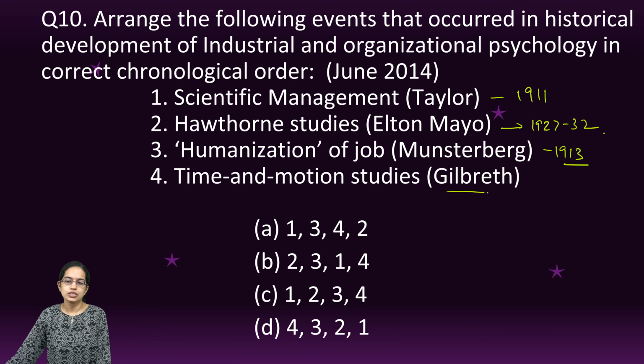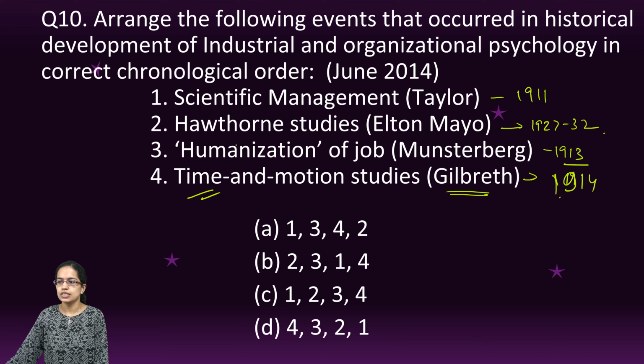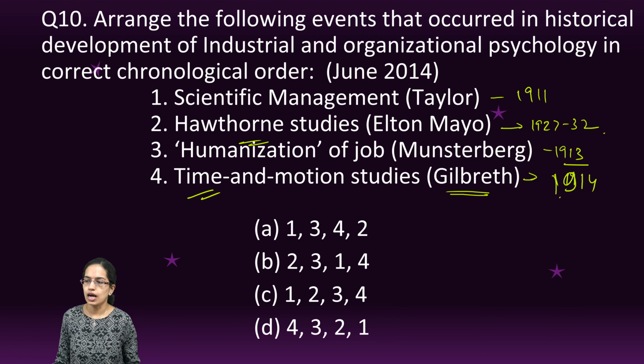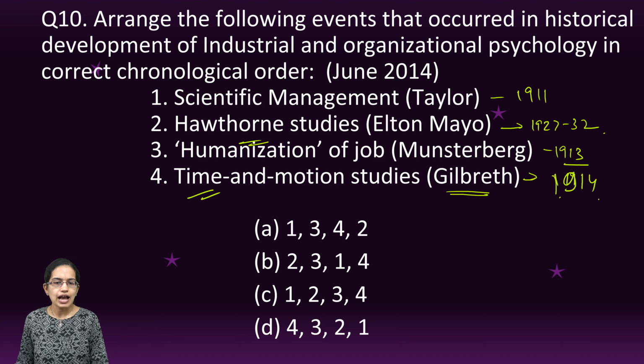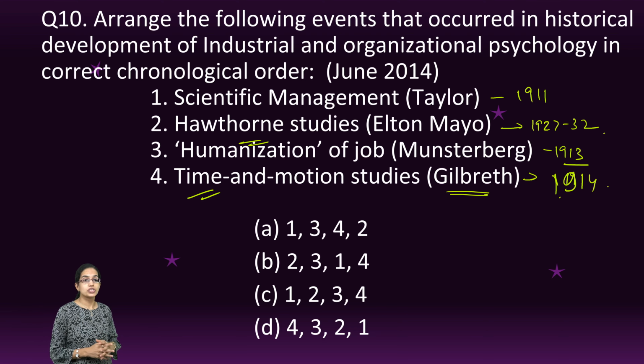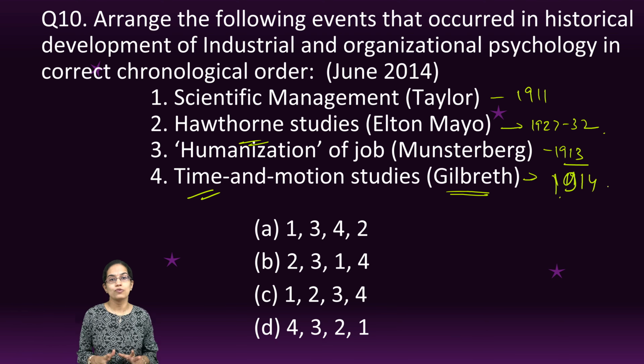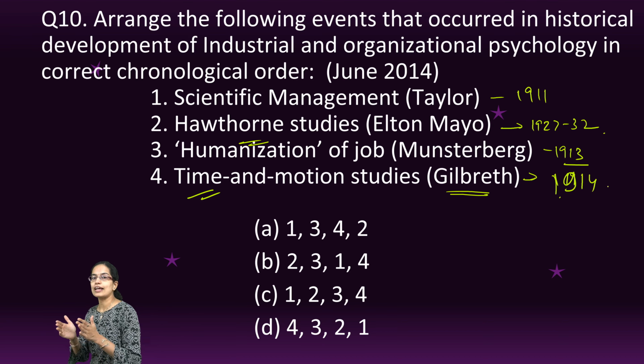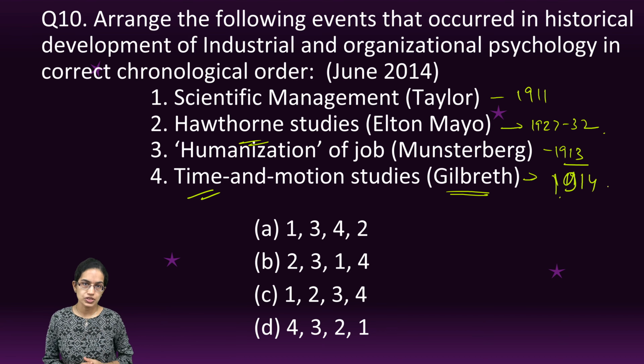And time and motion studies by Gilbreth, again very, very important, lots of questions being asked from this section of late, especially from time and motion studies and Hawthorne studies. Lots of experimental questions are being asked in the pattern. Now here we have the timeline that has been given, so you have to simply arrange that and find the correct chronology. Now these kinds of questions are also asked, so make sure you focus both on rote learning as well as applicative questions, as we have discussed here.